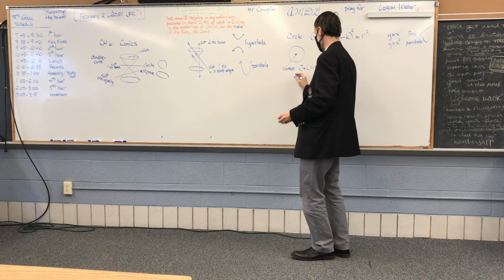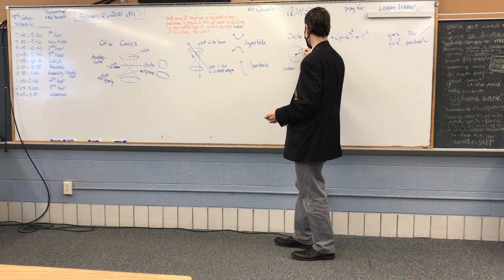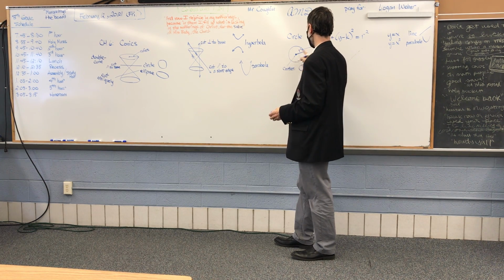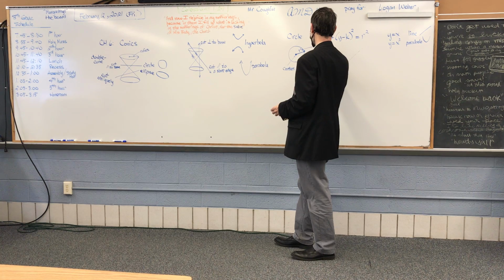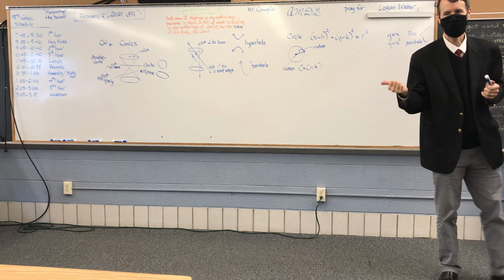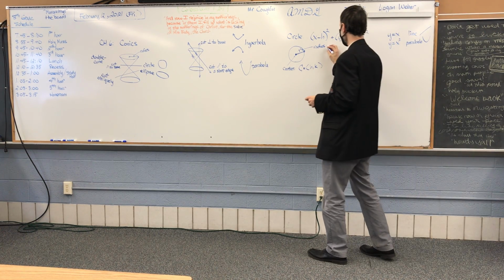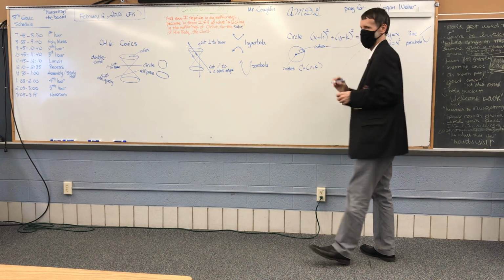A center, and then you need a radius. The radius is the distance from the center to the edge. Those are the only two things you need in order to make a circle. Center, radius. So, the radius is right here.